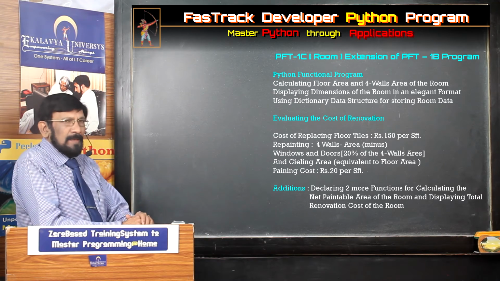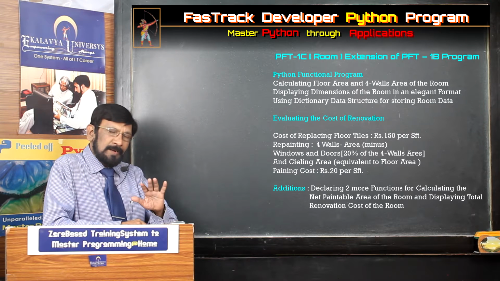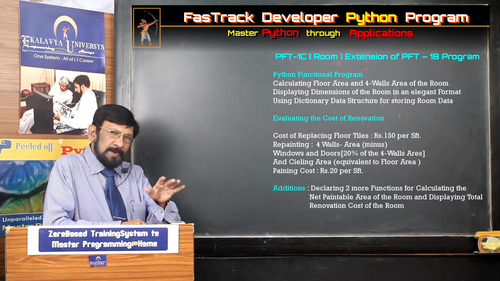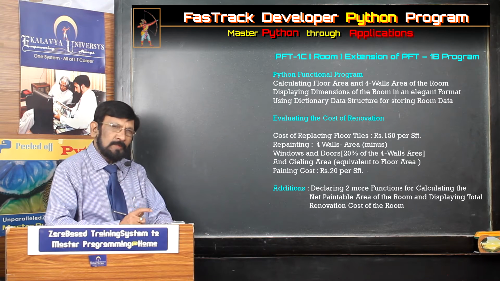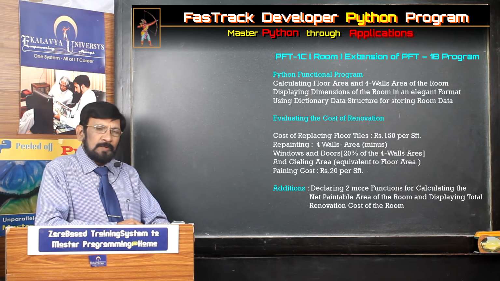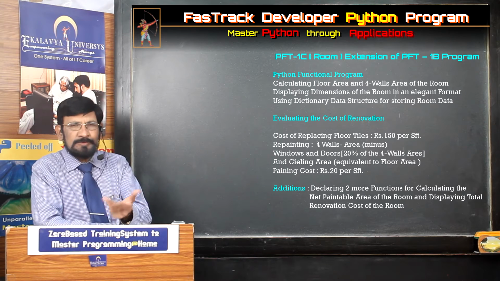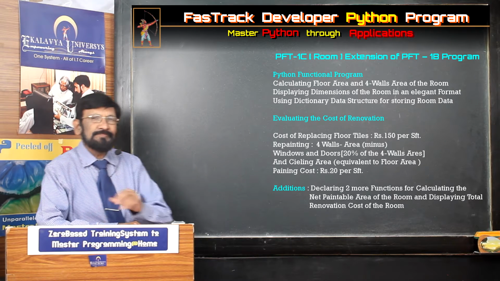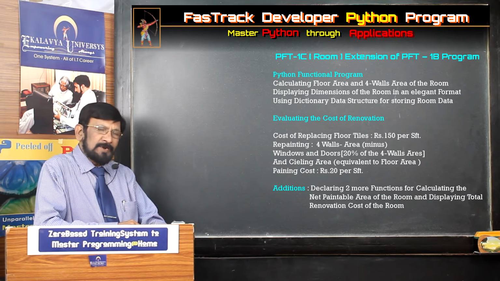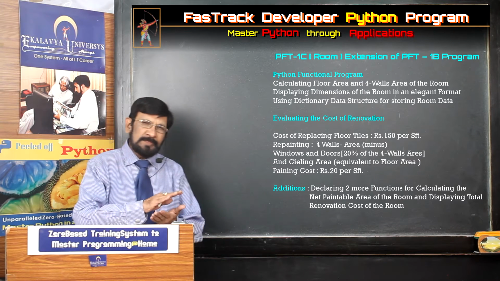Let us see. Here we are taking up a renovation of the room. Already we have calculated the dimensions of the room, that is room area and four walls area. Now renovation. If you have to make any renovations, based on the areas only you have to make calculations. Now what renovations are we making? The first one is we are replacing the floor.